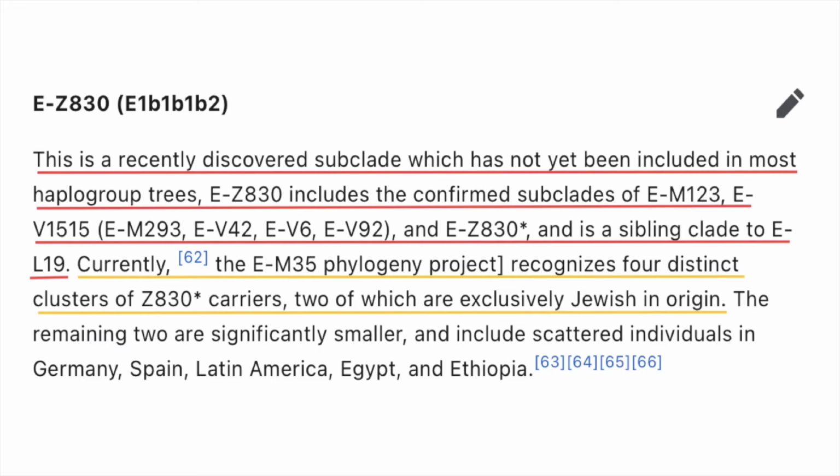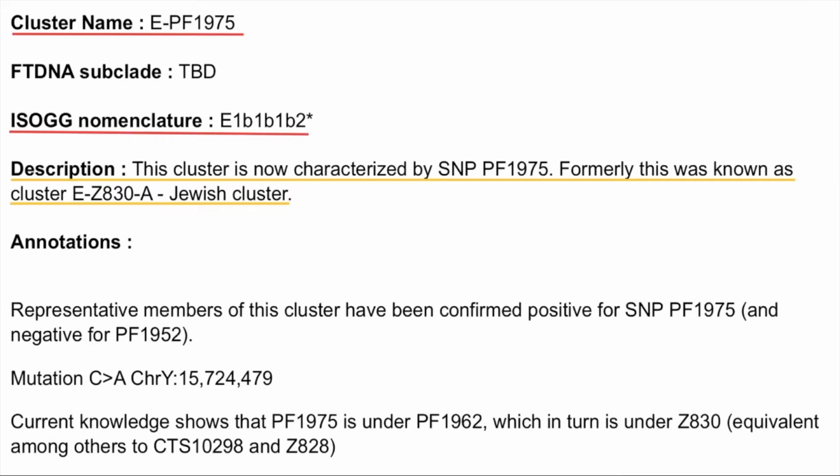Currently, the E-M35 phylogeny project recognizes 4 distinct clusters of Z830 carriers, 2 of which are exclusively Jewish in origin. And so here are they. Here are the ones that are exclusively Jewish.